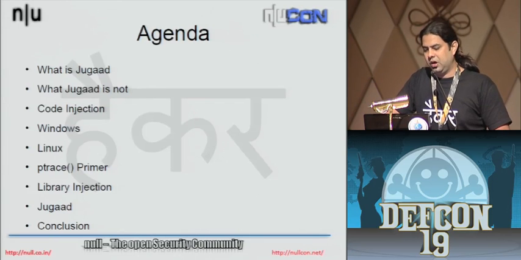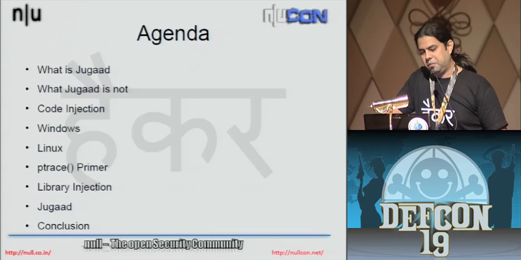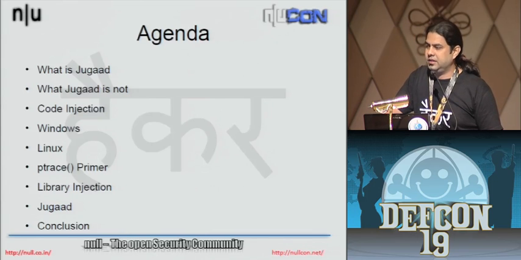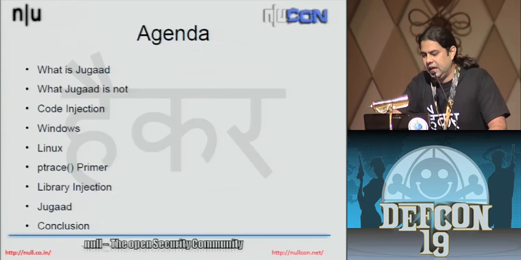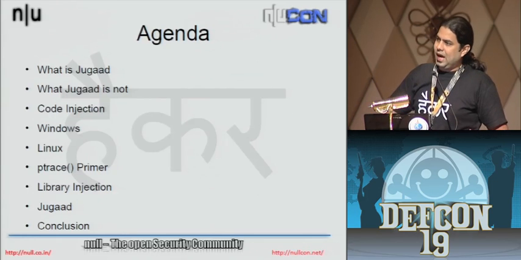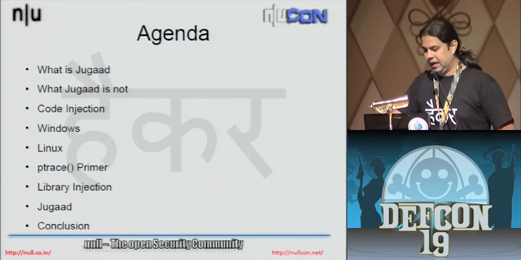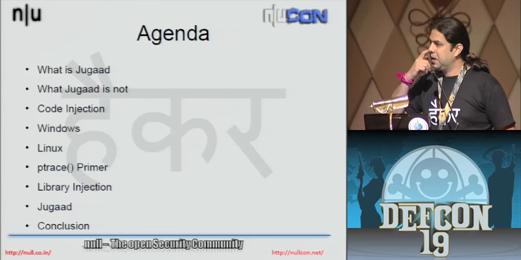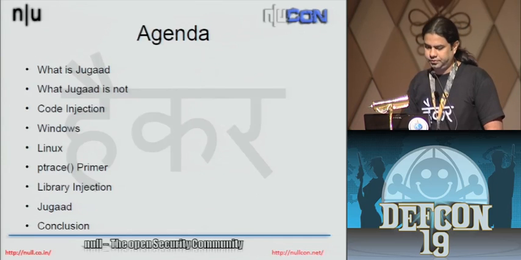Then I'm going to talk about how it is handled in Windows and how Linux lacks this capability, and a little bit about ptrace. Finally, I'll talk about why library injection has a few flaws, and then about the toolkit that I've developed, how it is different from library injection, and what exactly it does.